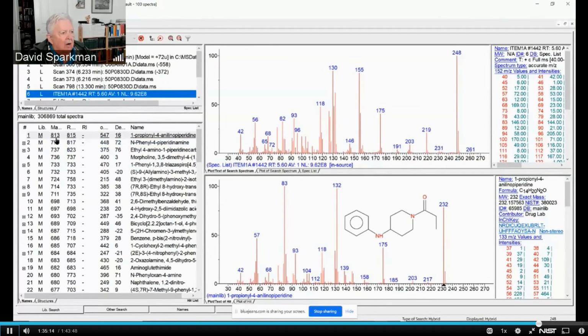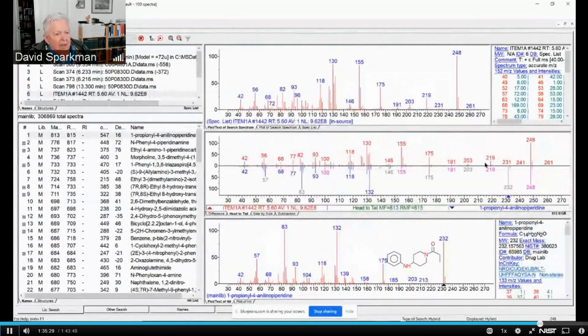It is now 813. You see, I told you my display was different, but if I come along here and show the compare pane, now you see the hybridized search results.